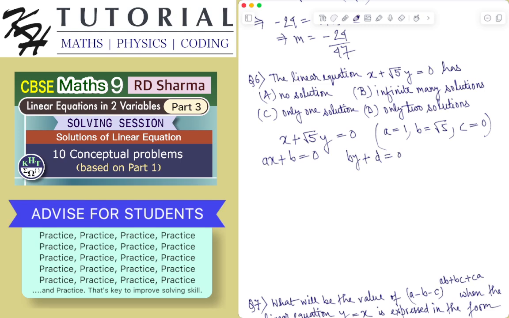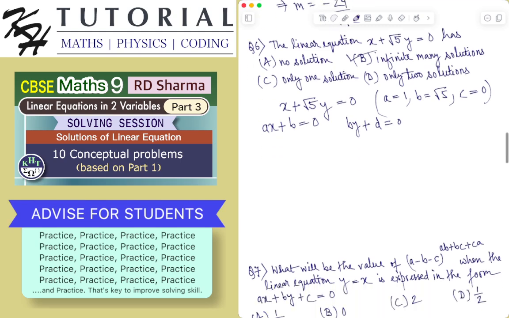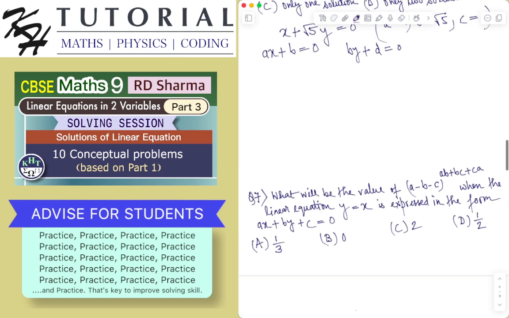Always remember, a linear equation in two variables x and y, irrespective of whether both the variables are present or whether one is missing, will have infinite number of solutions, as long as we consider it as a linear equation in two variables x and y. So the correct choice is B. B is the correct choice. Let's see question number 7.